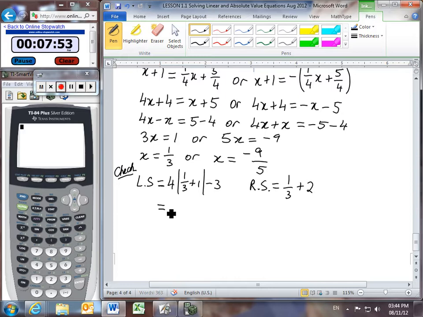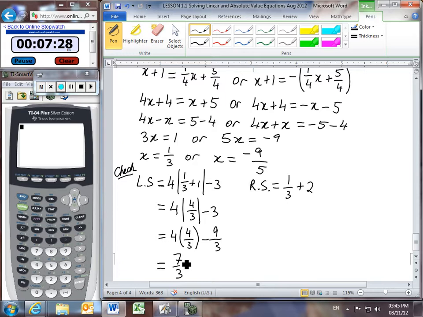Alright, let's simplify each side then. My left-hand side becomes 4 times, or 1/3 plus 1 is 4/3. And that's 4 times 4/3. And let's get a common denominator. I'll change my 3 to a 9/3. So I end up with 16/3 minus 9/3 gives me 7/3 on my left-hand side.